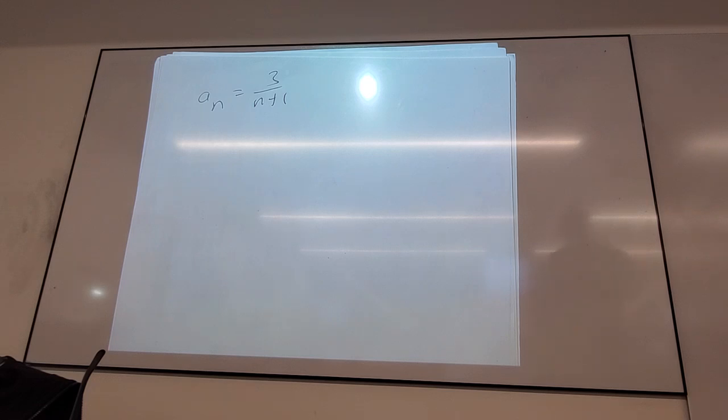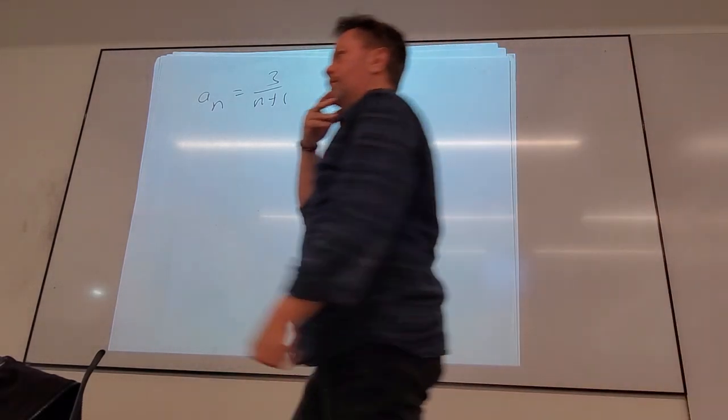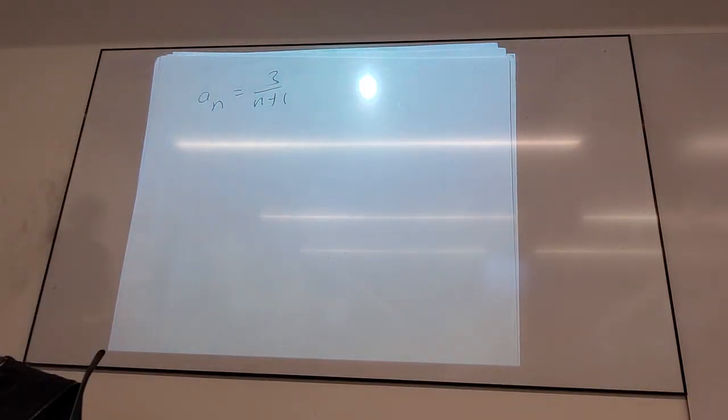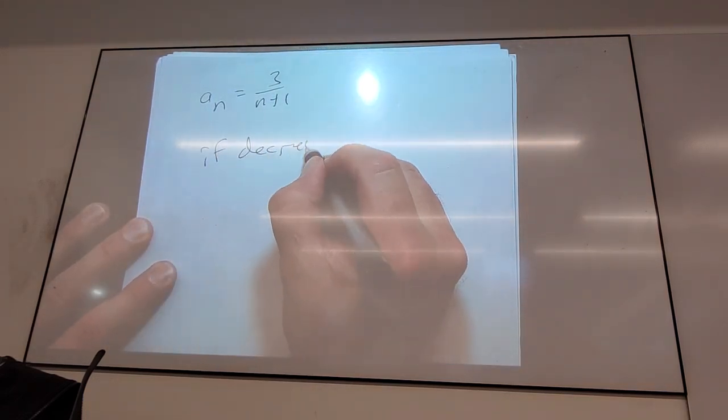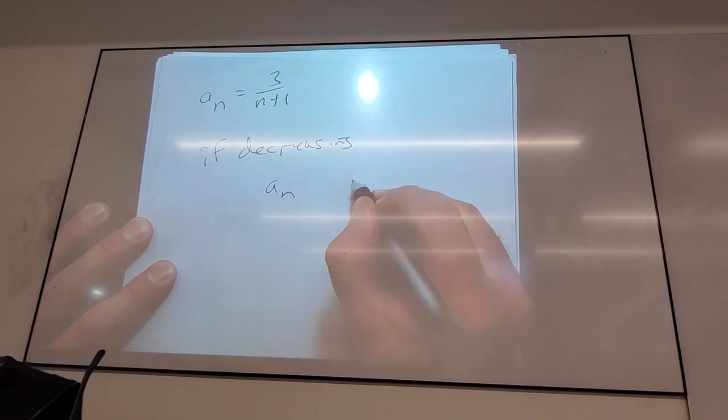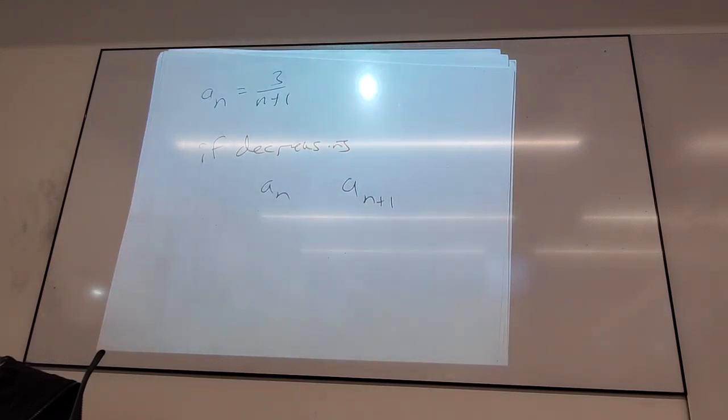You can do it two different ways. You can start doing a_1, a_2, but you can never prove something generally about a sequence by looking at a finite number of terms. If this is decreasing, how must these relate?